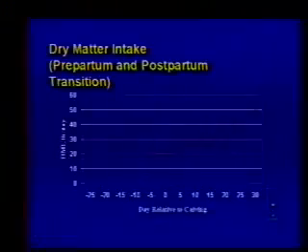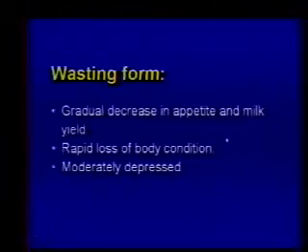Consequently, in order to meet that challenge to produce the milk that she is genetically programmed to produce, the cow must mobilize fat, or use body reserves, to maintain energy balance. And consequently, she loses weight during this first 2 to 3 months postpartum.